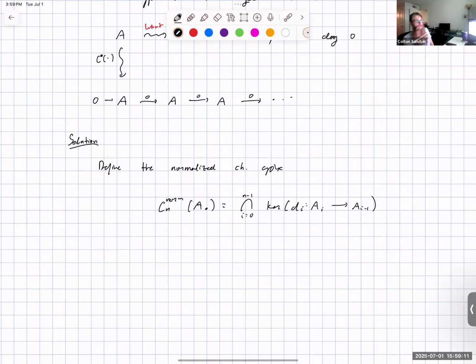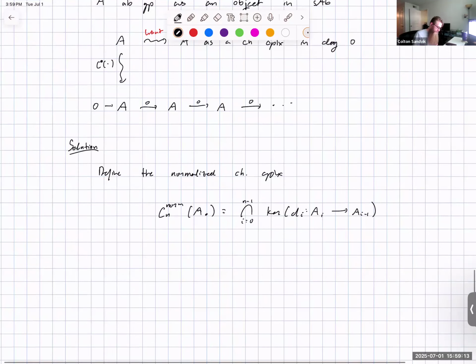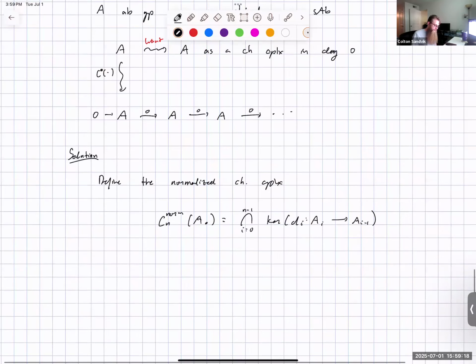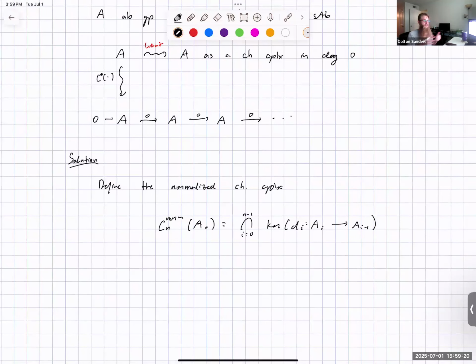And so if all these maps are identities, like we saw in this above example, where some face maps were all identities, then the kernels will be zero for everything except n equals zero. So we get what we want, at least for A being the constant simplicial abelian group.